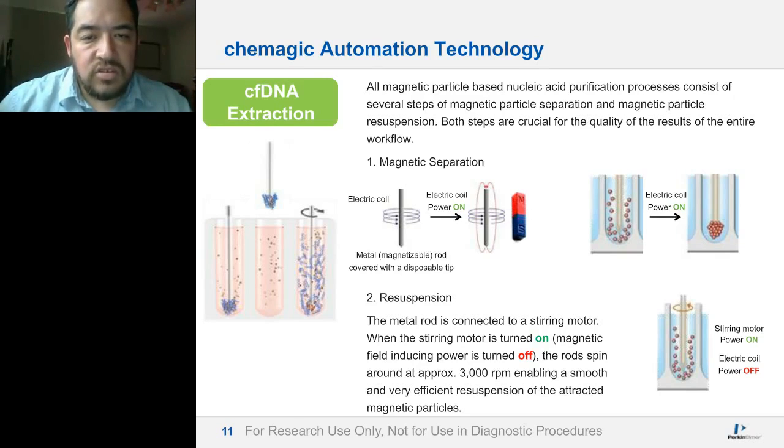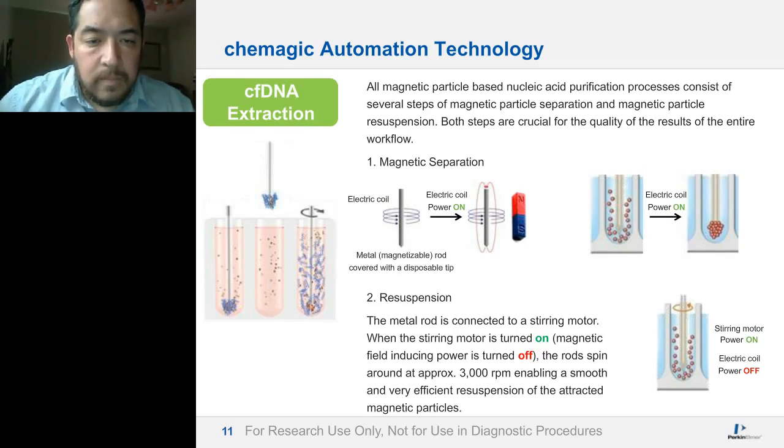I'll go into the structure of the magnetic beads themselves, but what makes us different are the beads themselves, as well as how we use the automation technology, combining magnetic separation through an electromagnet with a stirring motor that turns the rods so that you get efficient mixing of particles when the magnet's off.